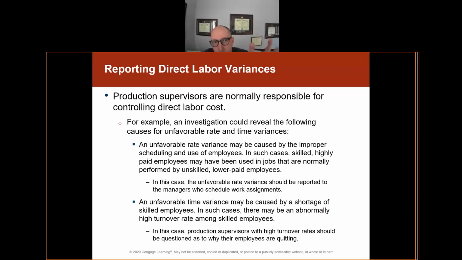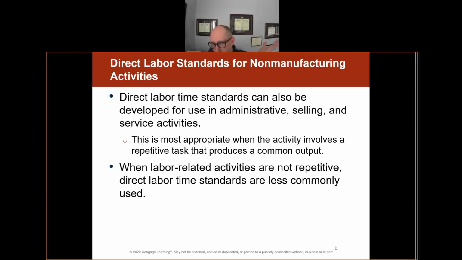But it's important that management looks at that report to help them identify these anomalies, to hone in on anything that's unfavorable to be able to fix it, right? That's why those types of reports are important.